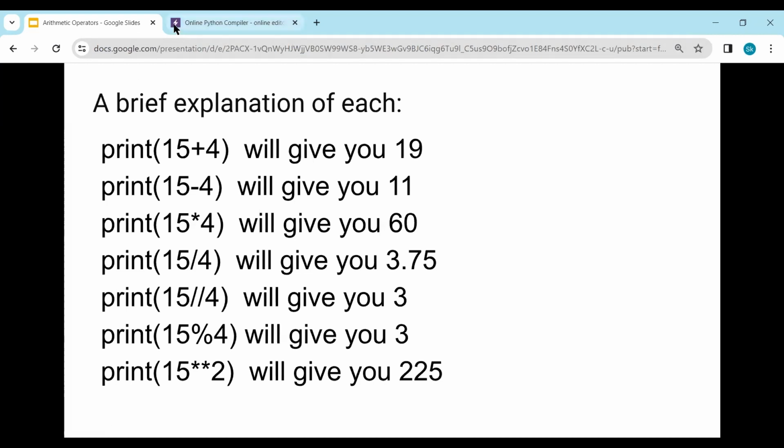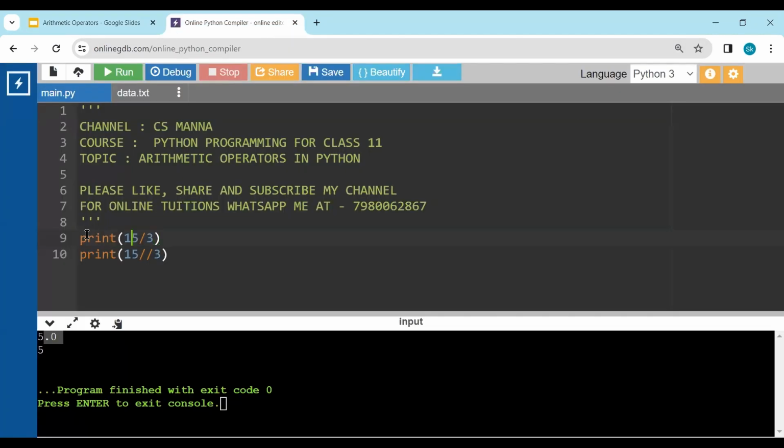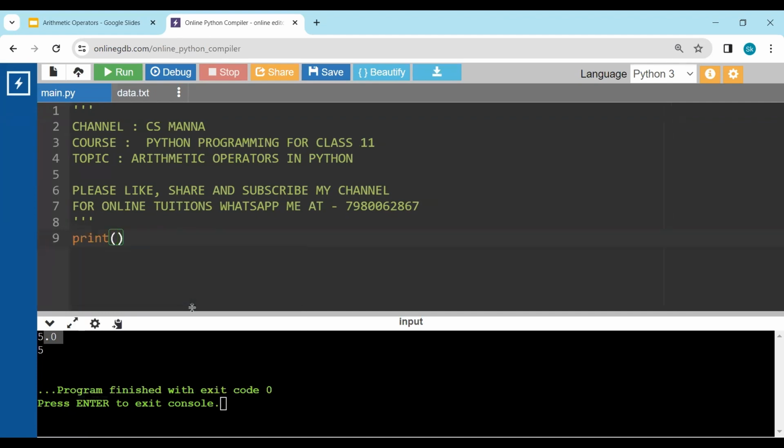And this is remainder. I would like you to understand one thing. If you are doing the remainder of something like print 31 mod 4. If you divide 31, so 7 4s are 28. So the remainder should be 3, right?